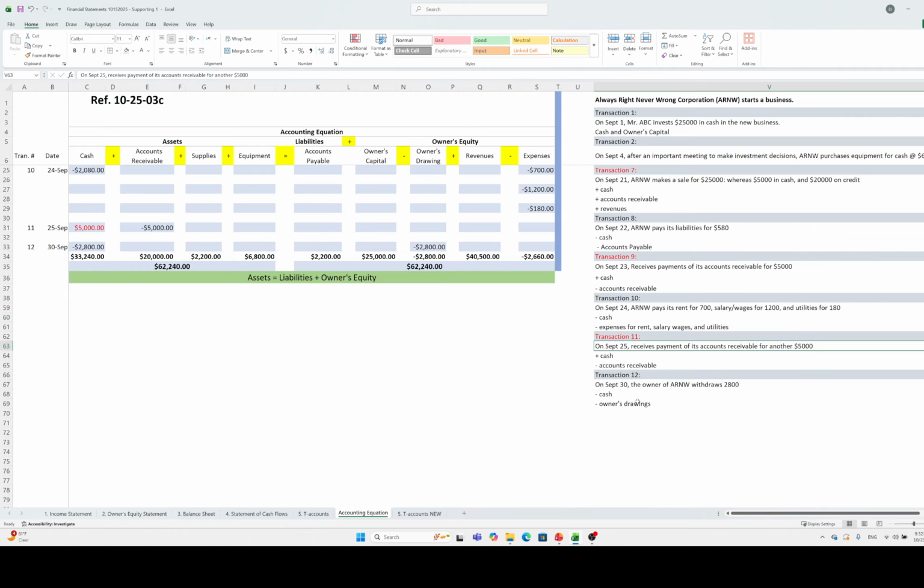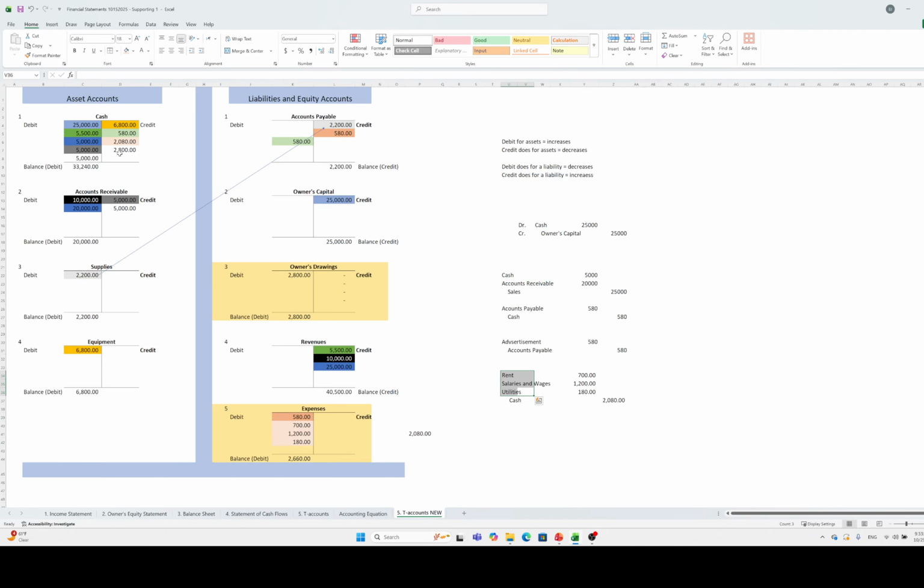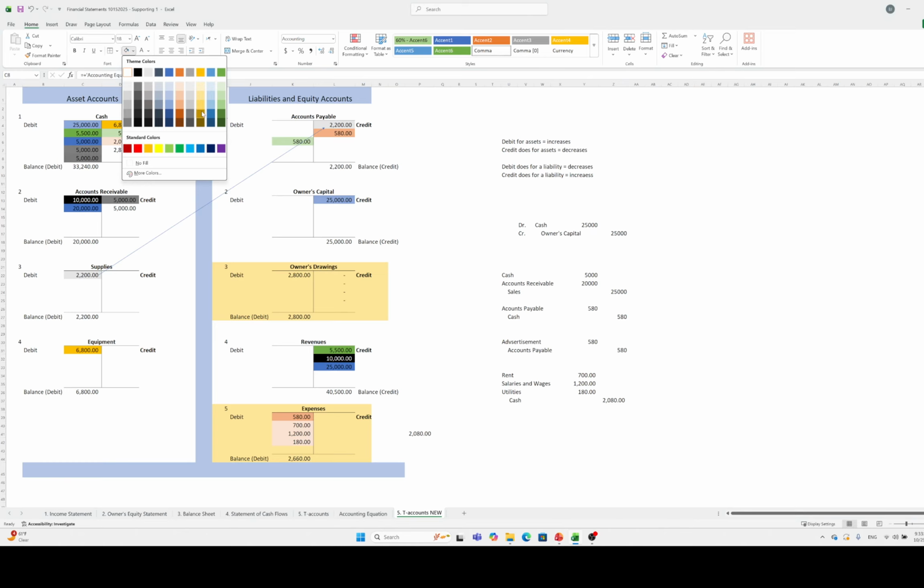So transaction number 11, we receive payments of accounts receivable for another $5,000. So that means cash, again, $5,000. I'm going to change this color to yellow, and then this is this.